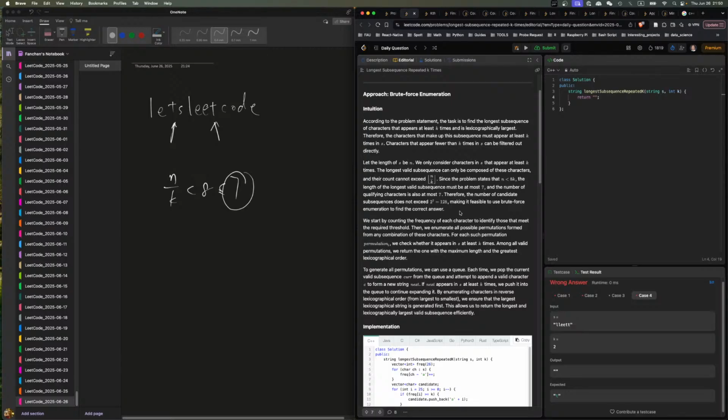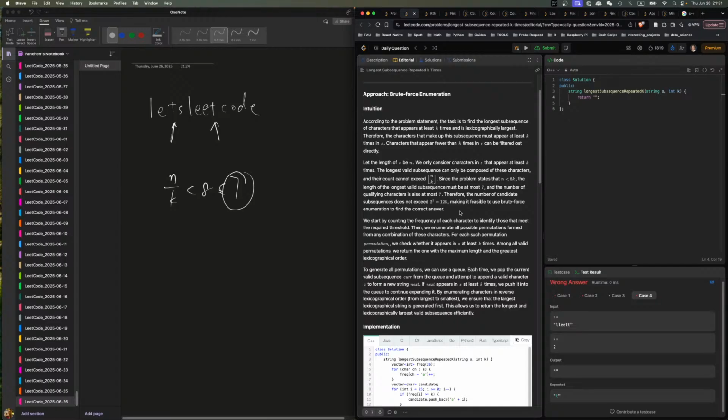Therefore, the number of candidate subsequence... Okay, I don't understand. The number of candidate subsequence does not exceed 2 to the 7th power. What? How did you get there?